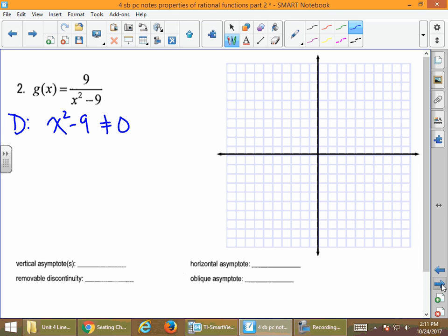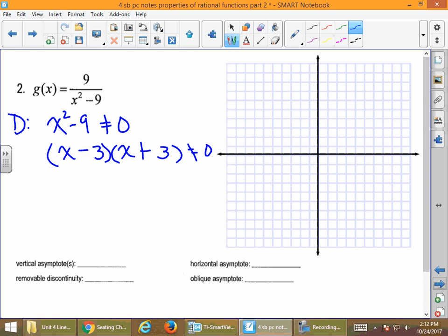And we really are better off if we factor this expression, although you could still get the domain from solving that. But it's the difference of two squares. And x times x is x squared, and 3 times 3 is 9, and we need different signs.